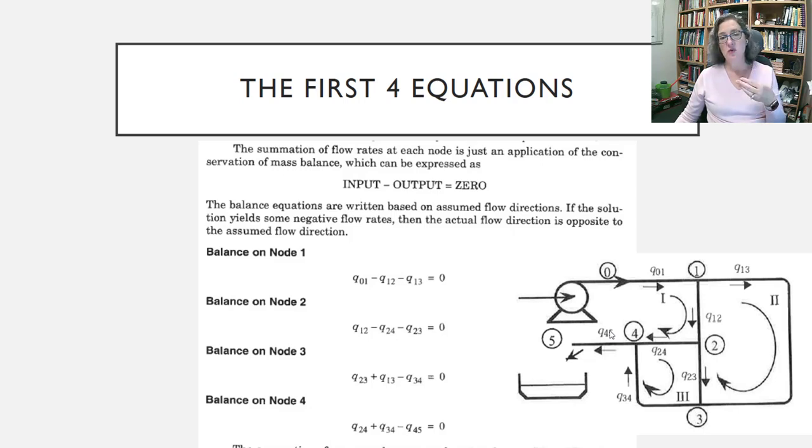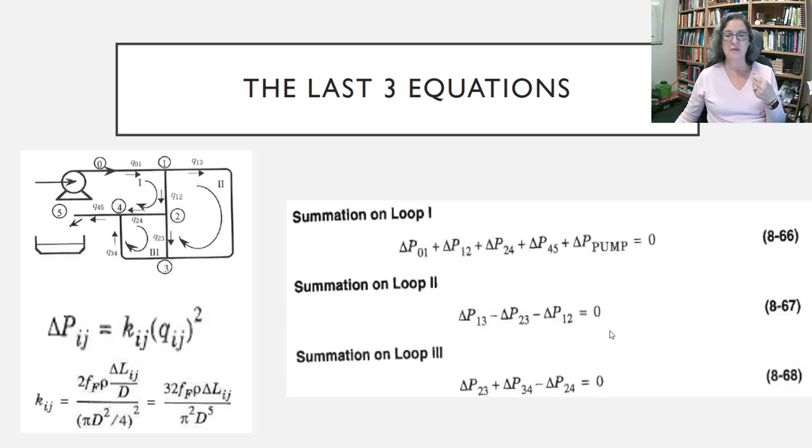So the next 3 equations are going to be done based on pressure drops. Now, if you can create loops or places where you know what the pressure is, you can write an equation.